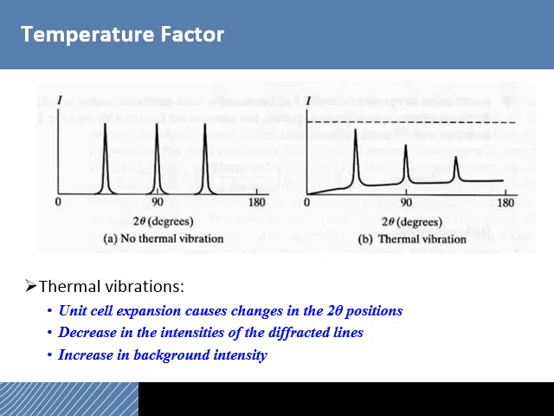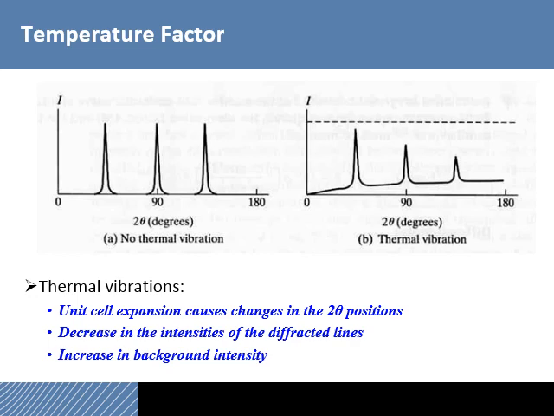The temperature factor, again, we've discussed this before. You can actually refine what are referred to as the B ISO values, which are the temperature factors. Just so that you understand what the temperature factor does, the left plot here shows what the peaks might potentially look like if you had no thermal vibration involved.